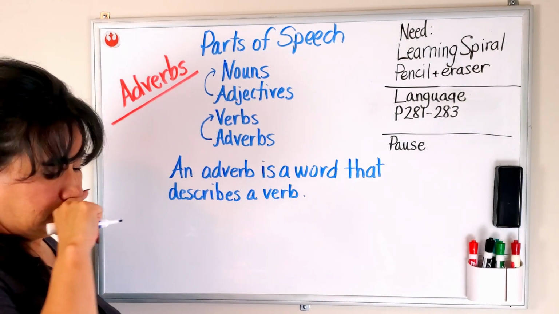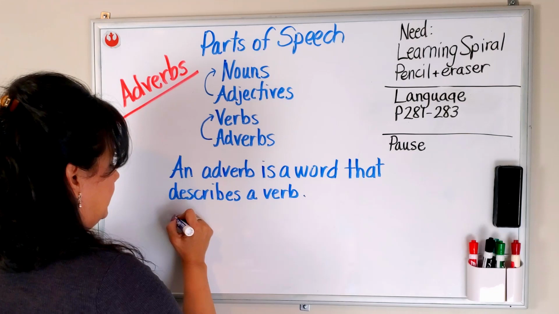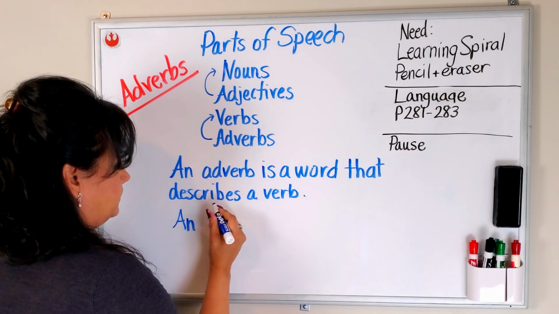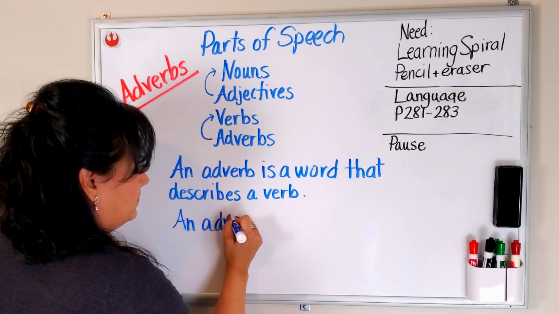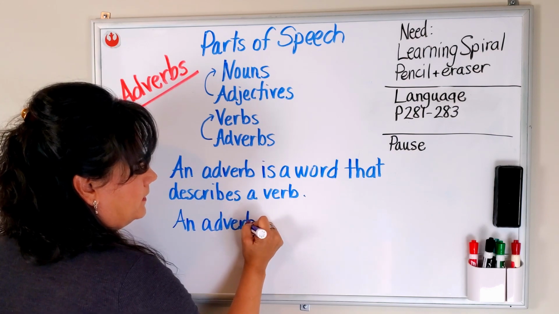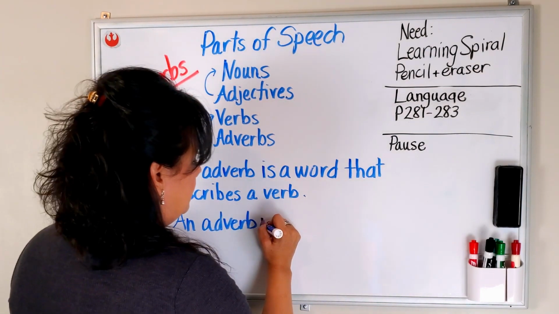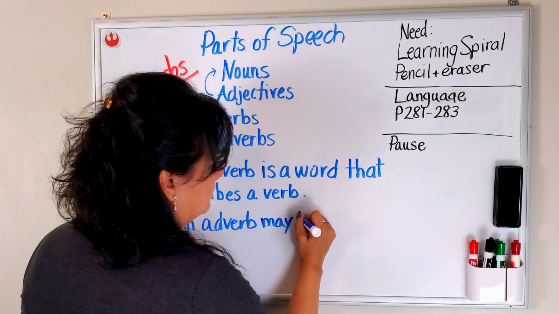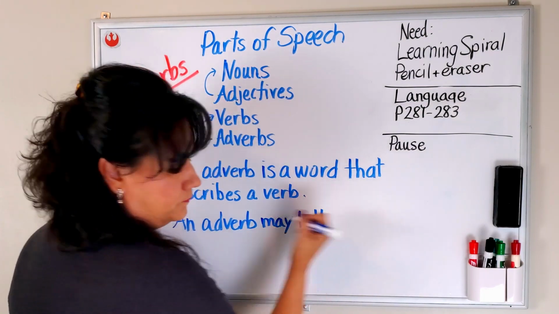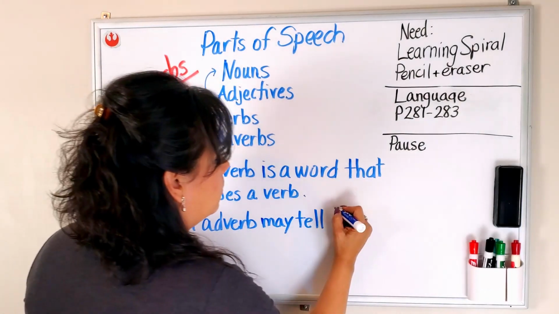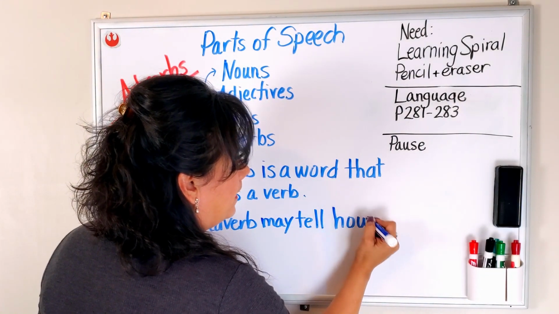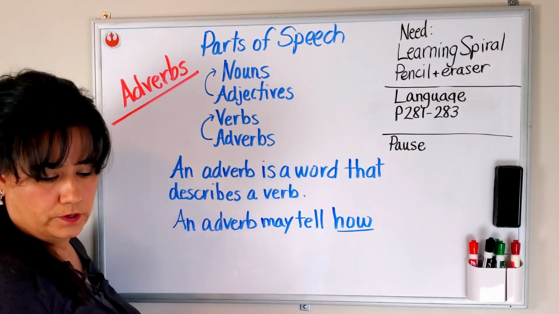There's one more definition that you need to know, and it is, we're going to add another sentence. An adverb may tell how. And we're going to underline the word how. That's a very important word.